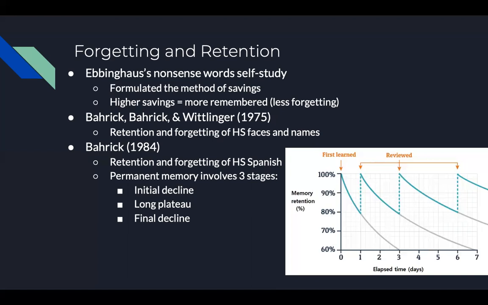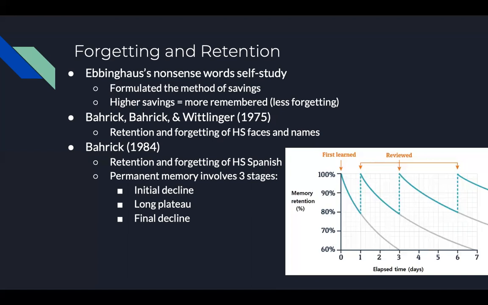So the difference between not only how long it took him to relearn the words in comparison to the very first time he learned the words, but also the difference that he found when he would relearn and relearn and relearn.